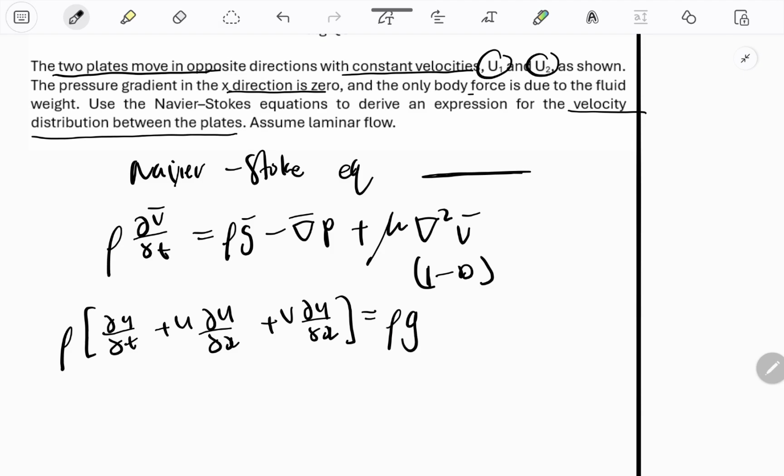But before I continue, we do know that this term will be 0 because we don't have velocity along y.